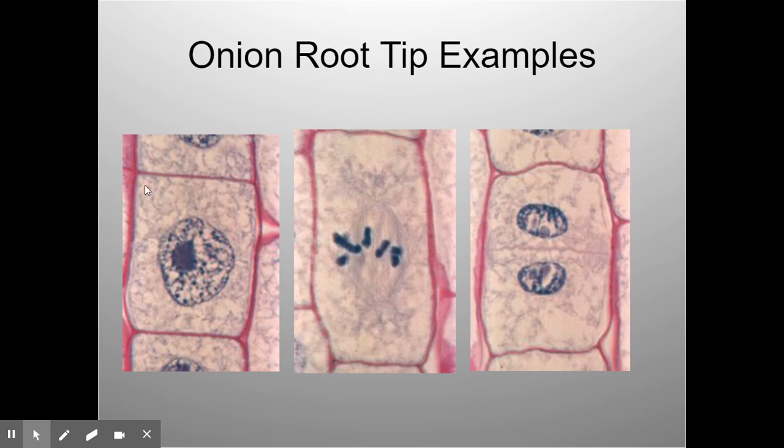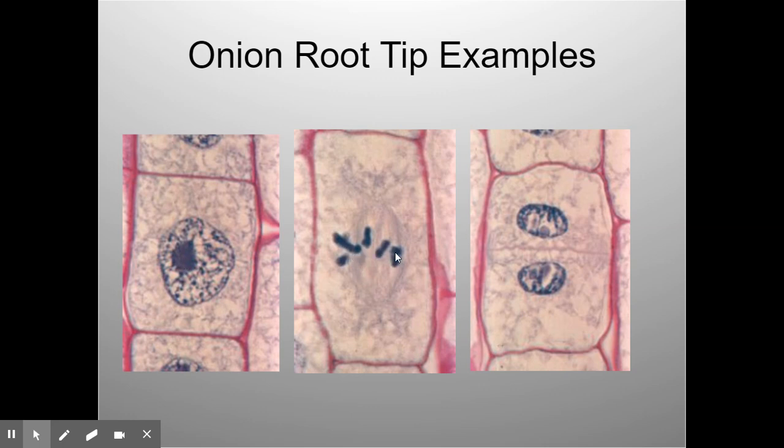So this one is probably in either interphase or prophase, and you can tell that because the nucleus still looks like a bunch of noodly stuff. It's just one big color.